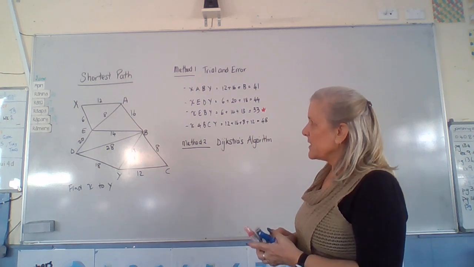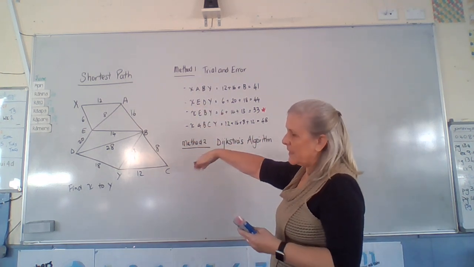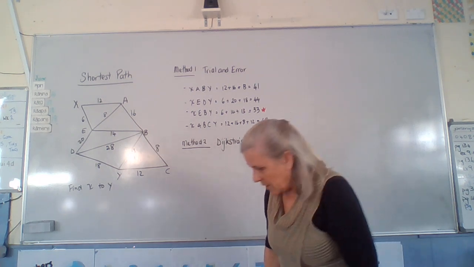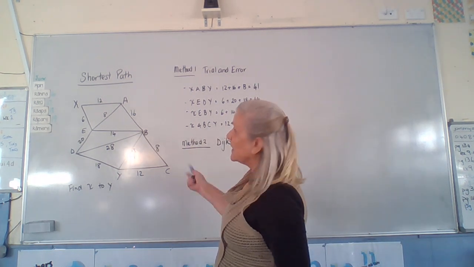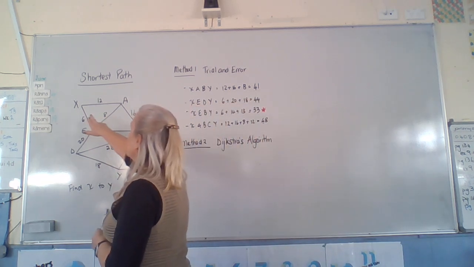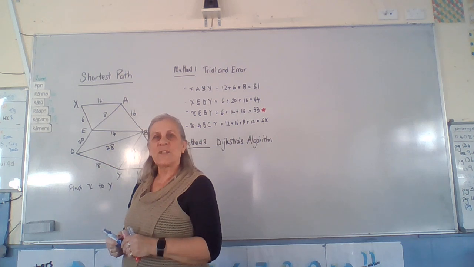So when we're doing this one, we will actually put next to each of the letters a total, the smallest total that we've got that it takes to get to there. So if we're looking at this one, it takes 12. This way, 6 and 8 takes 14.